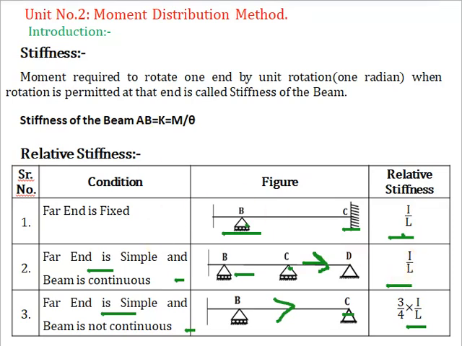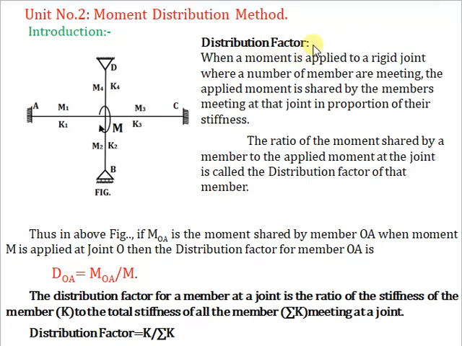Distribution factor. When an applied moment, let's say here is O, a system with four members connected at O, and the moment is applied at O, which is a rigid joint. The number of members meeting is 4.